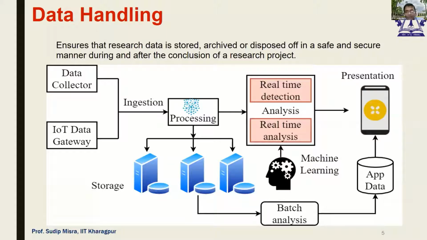Now in the context of IoT, what has to be kept in mind is that for most IoT applications, the data will have to be detected and handled in real time.